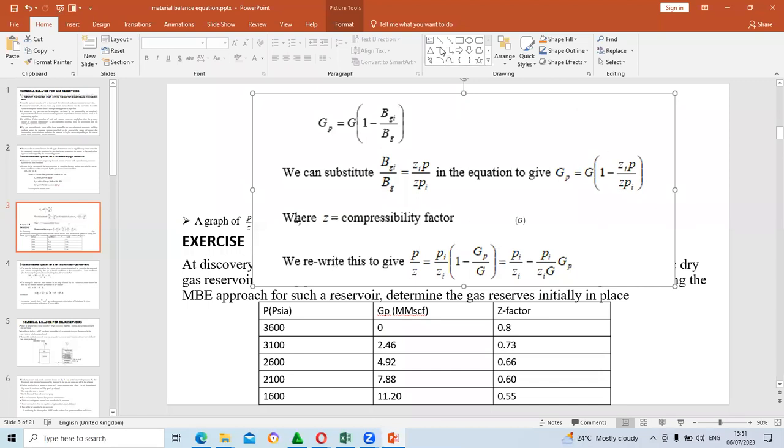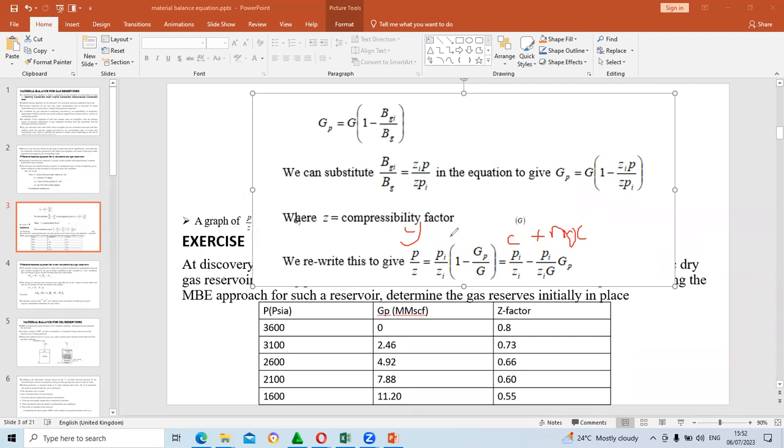So it means that if I take this in the form Y is equal to C plus mx, the equation of a straight line, and I draw a graph of P over Z against GP, it's going to give me a straight line, because if you draw a graph of Y against X, it gives you a straight line.